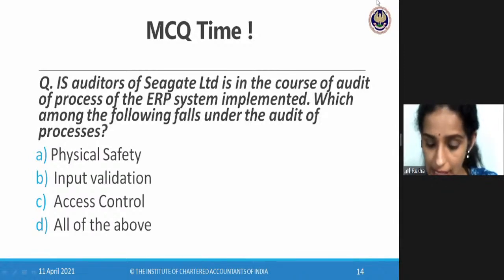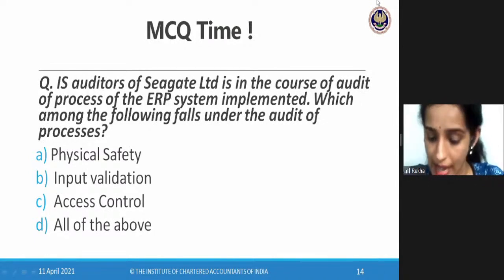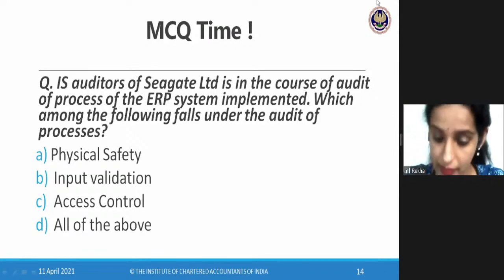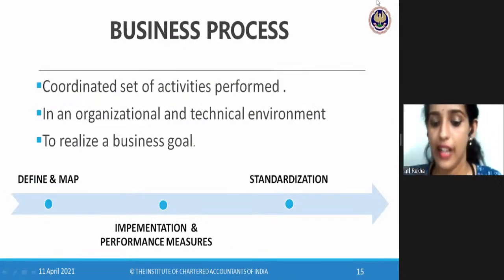Yes, Hungary, that's correct. It's your input validation, right? Your physical and access control comes under the data part. Yes, it's correct. It's D. That is your input validation.